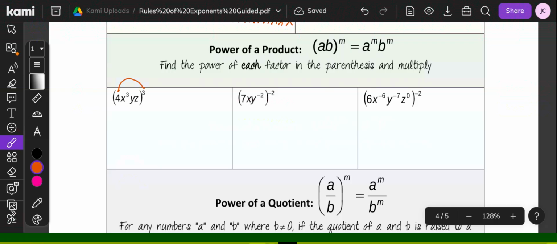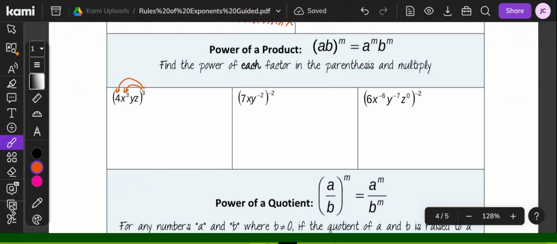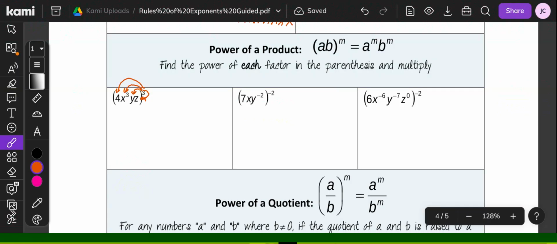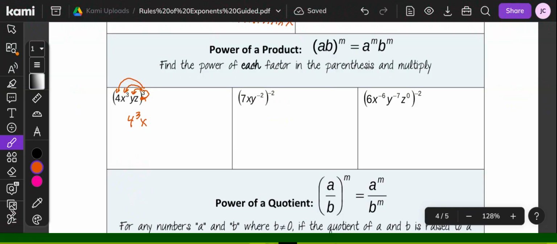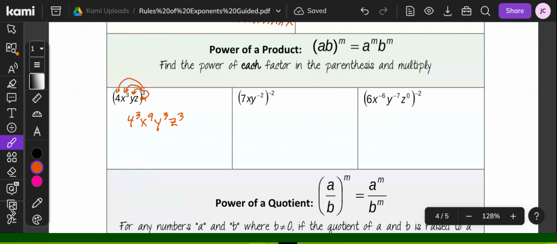So it applies to the 4 here, applies to the x to the third, applies to the y, and it applies to the z. So this is going to be 4 to the third, x to the ninth, y to the third, z to the third.